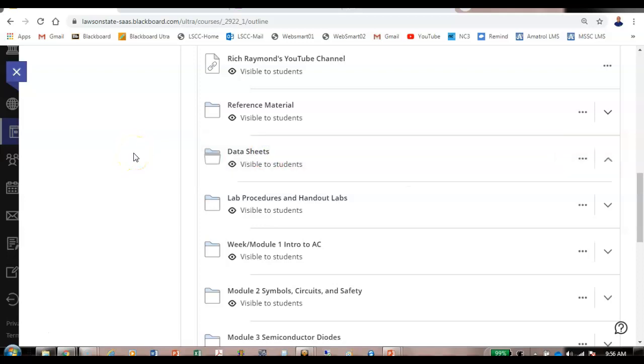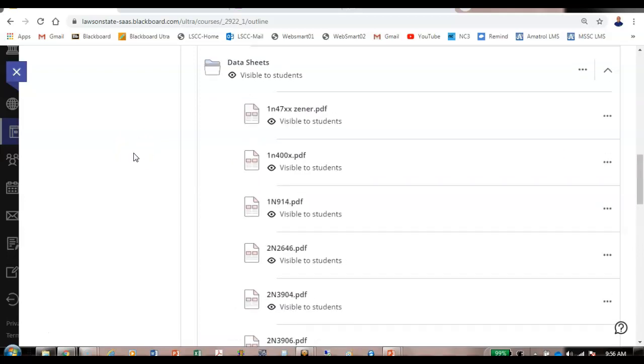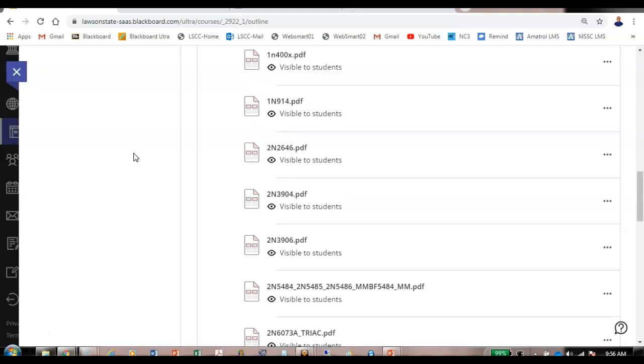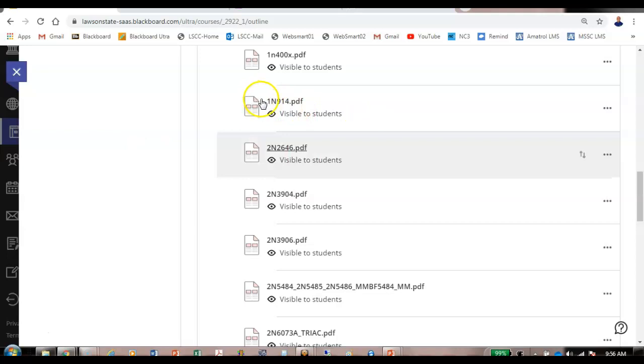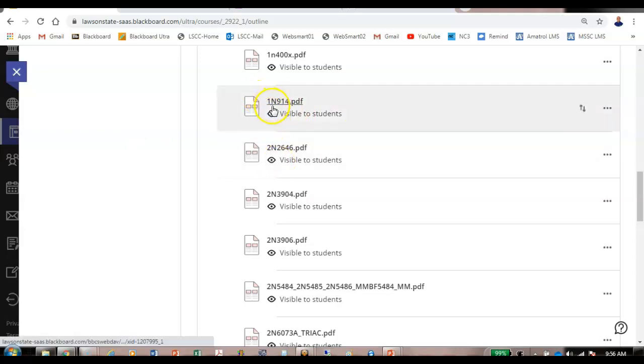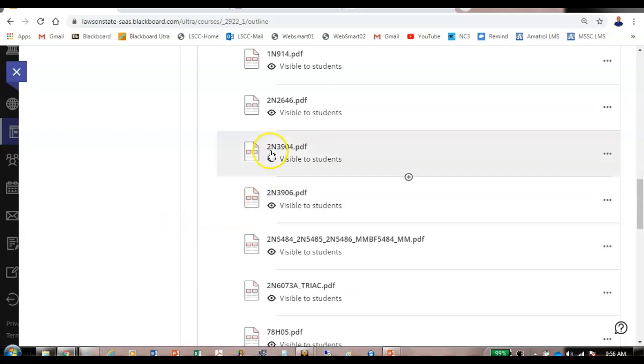The transistor we're going to be dealing with mostly is a 2N3904. A bunch of the transistors start off with 2N. Generically, diodes start off with 1N, which means it's got 1 PN junction. A lot of your transistors start off with 2N, which means it's got 2 PN junctions, right? Here's the 3904.